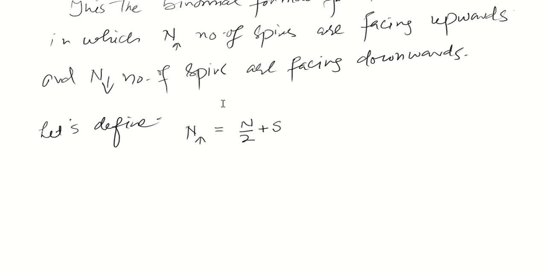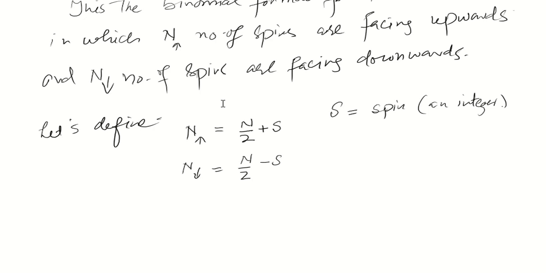This is an integer. And we define n down as, why we are defining like this will be clear later, n half minus s. You remember that n is the total number of spins and n half is half of them.